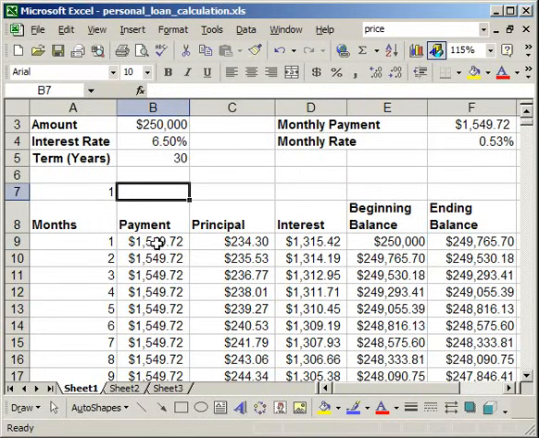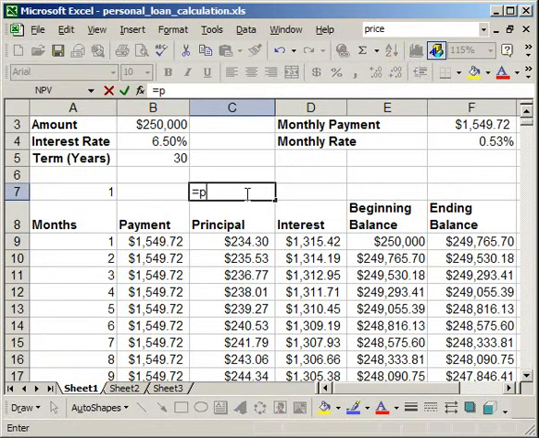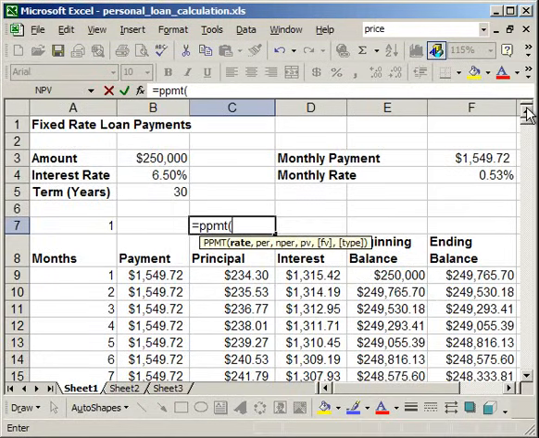So the interest payment, we already know what that is, so let's go ahead and get the principal. All we're going to do is equal PPMT, open parentheses, and next we're going to want the rate, and the rate is going to be the monthly rate.